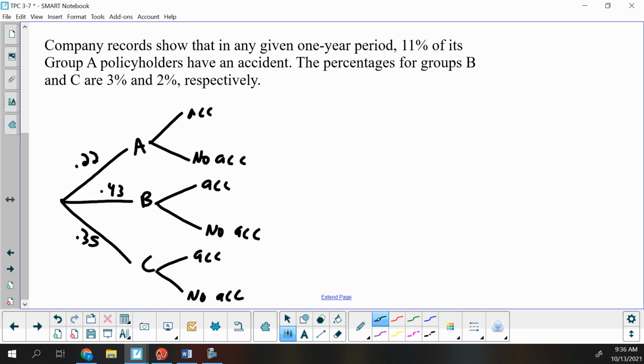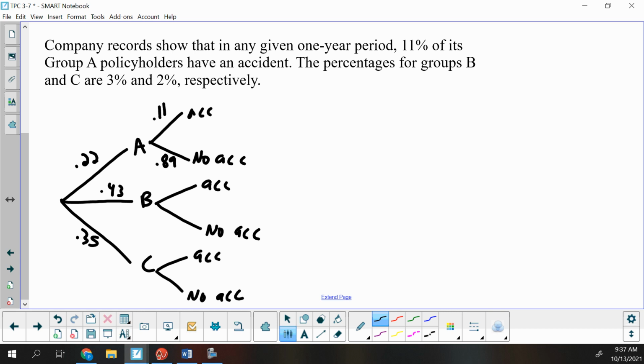So our probabilities, if you were in Group A, 11% at accident. So we'll have 0.11 here, because that's 11% as a decimal. Well, if 11% had an accident, since they have to add to 100%, that means 89% did not. So we'll have 0.89 for no accident.